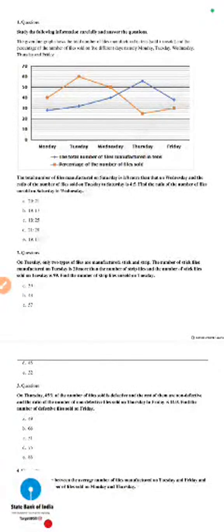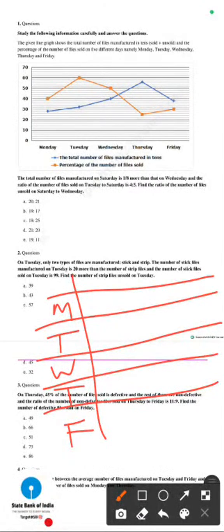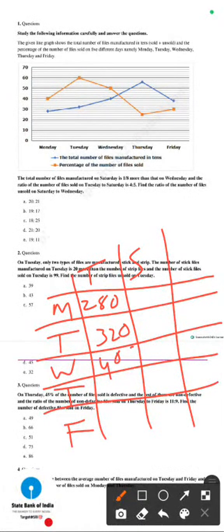So let me note the table that I got. Here I got a table of Monday, Tuesday, Wednesday, Thursday and Friday. Total and sold. Total is 280 for first one, 320, 400, 560, 380.